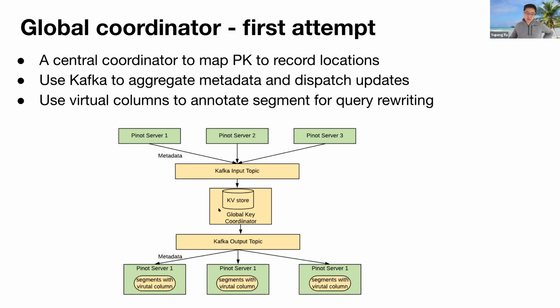And then we add another module into this Pinot cluster. We call it a global coordinator, which has this global view or global information. So that when some update happens, the global coordinator has this knowledge and can dispatch instructions to the different servers. In our particular design, we do this in an annotation way by adding virtual columns to each server, so that each server knows which piece of information is updated and then does this coordination.